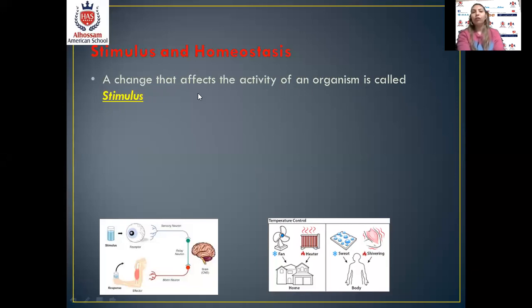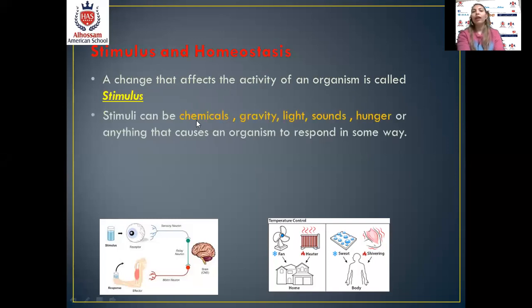So again, stimulus, a change that affects the activity of an organism. Like what? Like chemicals, gravity, light, sound, hunger, or anything that causes an organism to respond in some way. So these are called stimuli, okay? And each stimulus can affect your body and the activity of an organism.